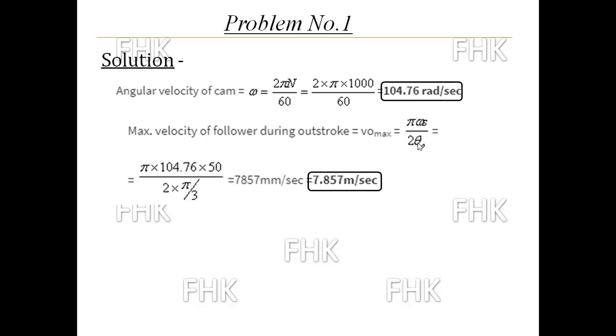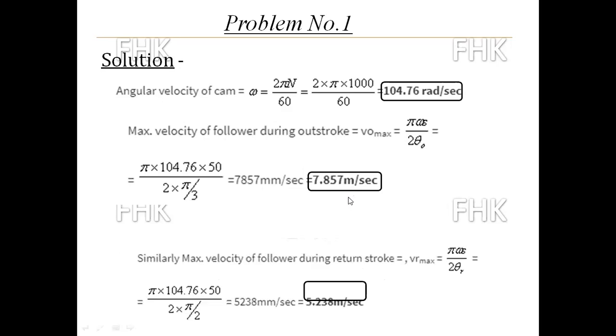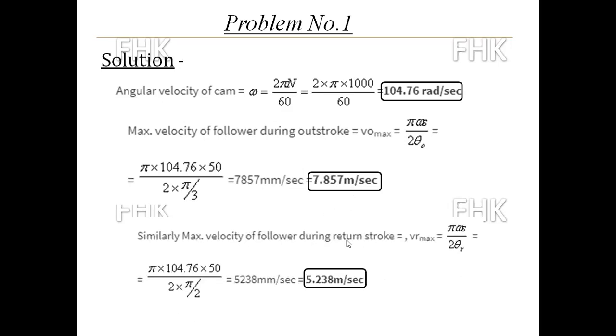That 60 degrees we convert into radians by multiplying by pi by 180, so theta is pi by 3. After calculation, the maximum velocity for the outward stroke is 7.857 meter per second.